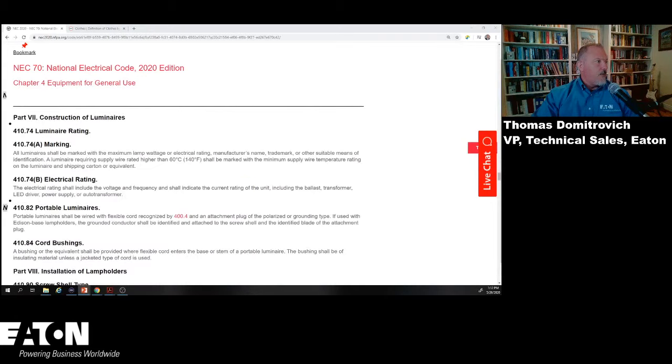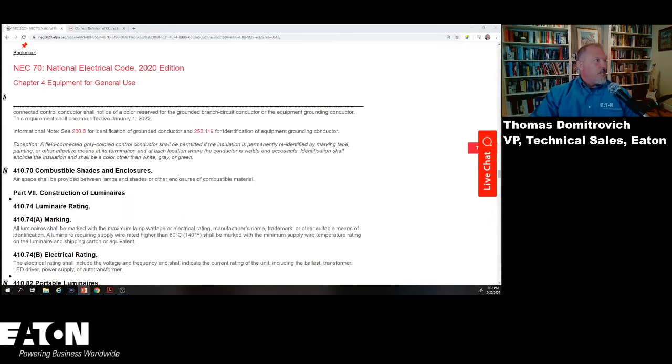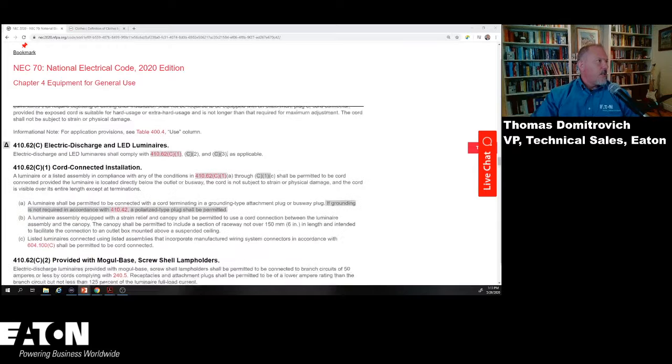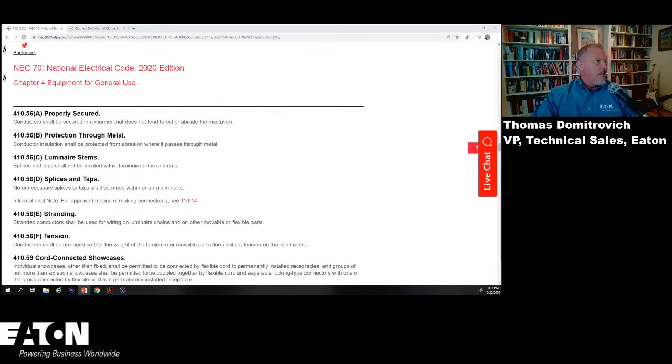We also have 410.70, which is another area that speaks to this discussion point. Combustible shades and enclosures. Now this is new in the 2020 code: airspace shall be provided between lamps and shades or other enclosures of combustible materials. So that's a generic requirement. This is in part 6. So let's take a look at what part 6 says.